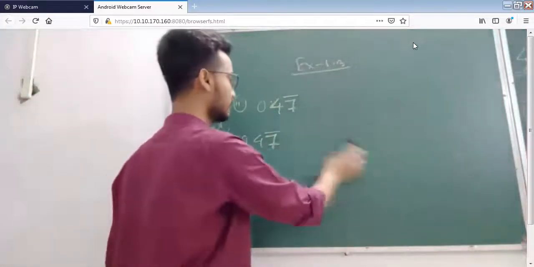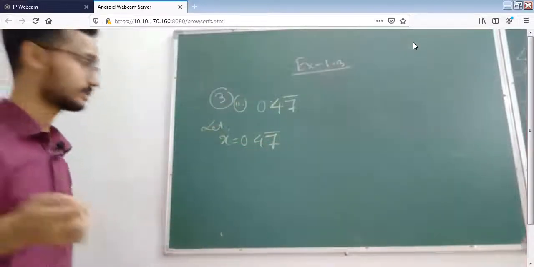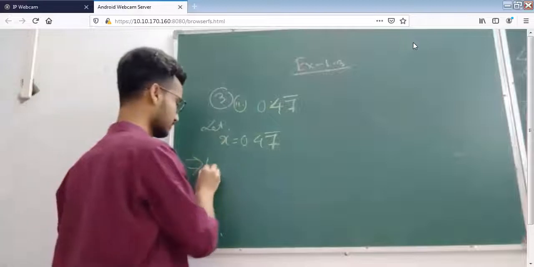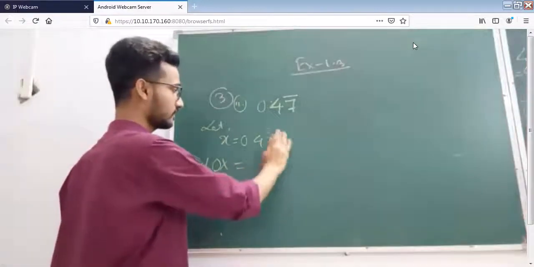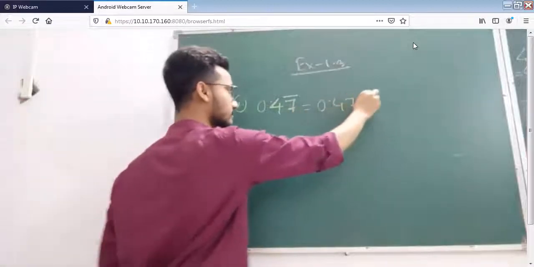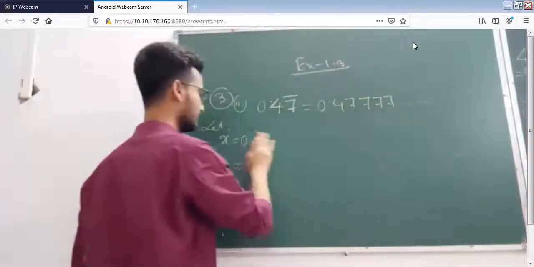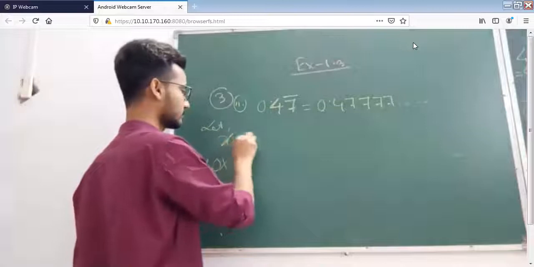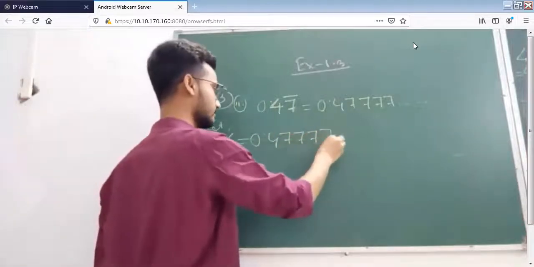Now see, here the bar is present only above 1 digit, so you have to multiply by 10. So it will be 10x. What is the meaning of this? You can write x equal to 0.47777.